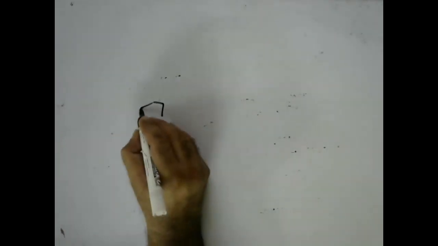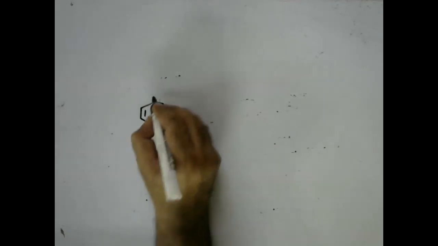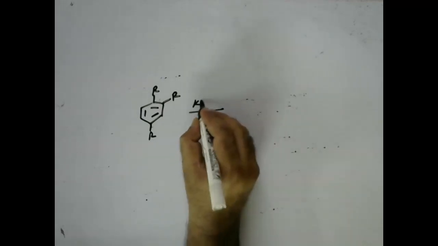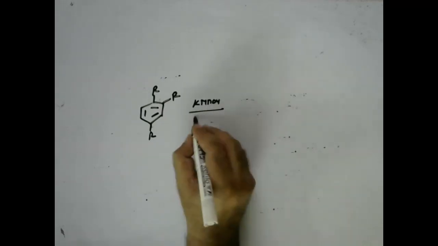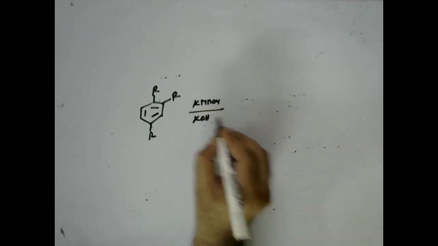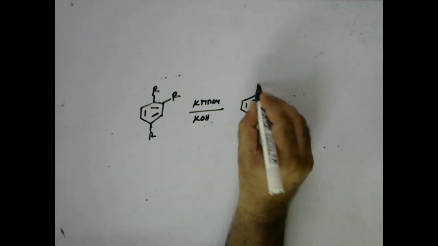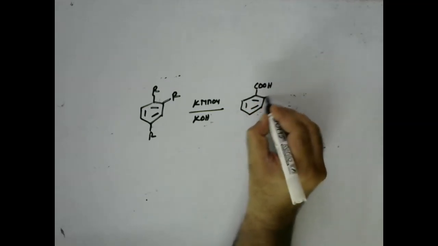Let me make myself more clear. Suppose we have a benzene with 3 R groups. We have an R group over here, over here, and over here. We oxidize it with KMnO4 in the basic medium. All the 3 R groups will get oxidized to COOH. So you will have a COOH group over here and over here.